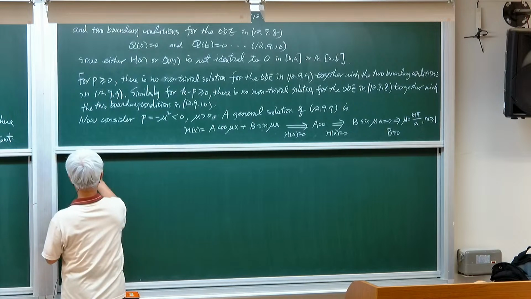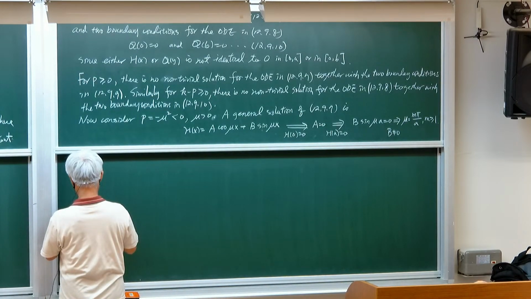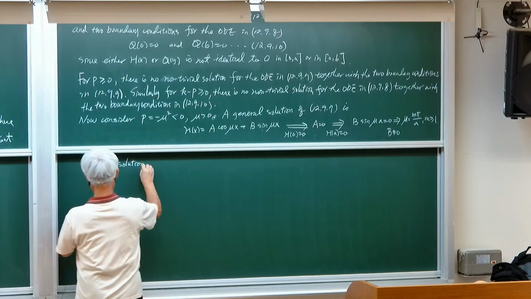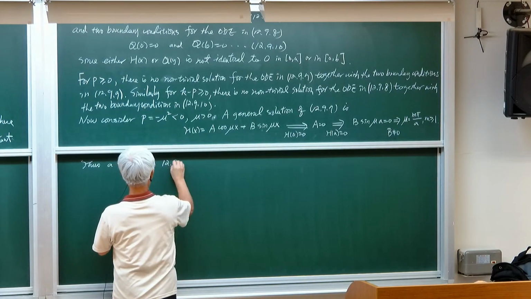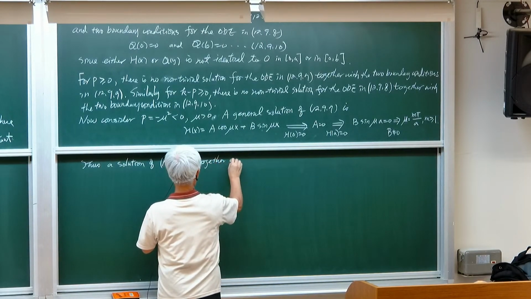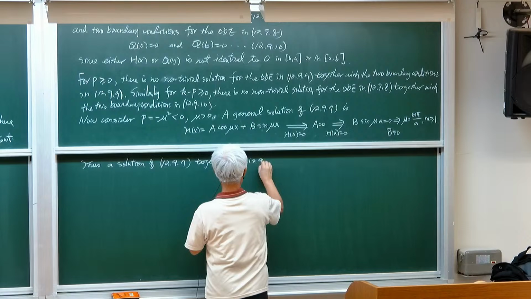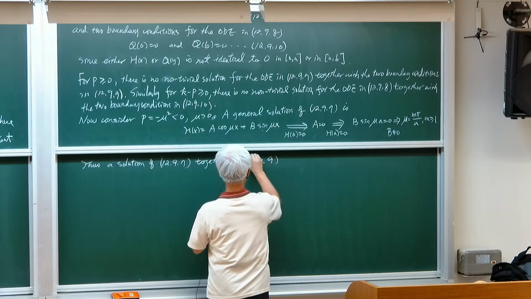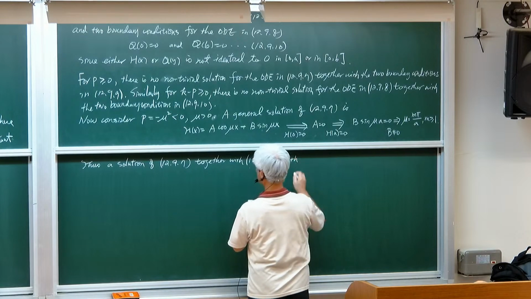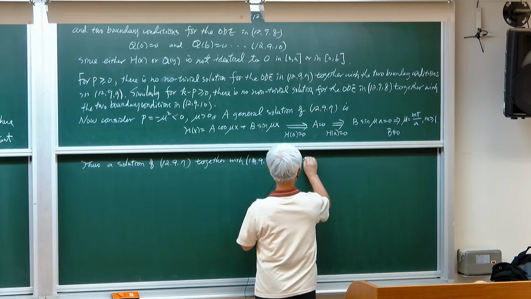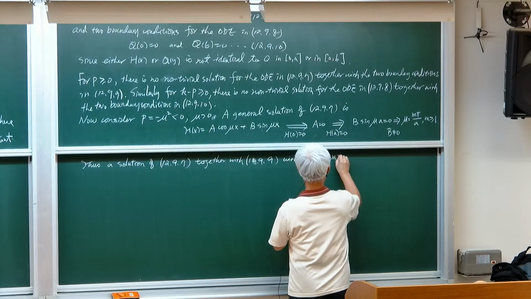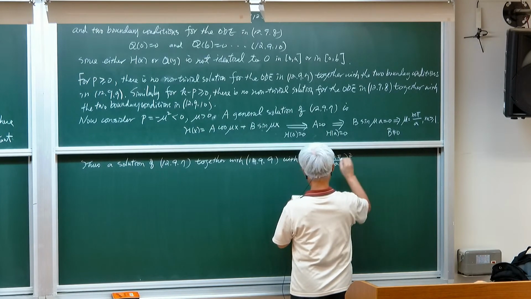So that's a solution of 12.9.7 together with 12.9.9 with P equal to minus m pi divided by a, squared.